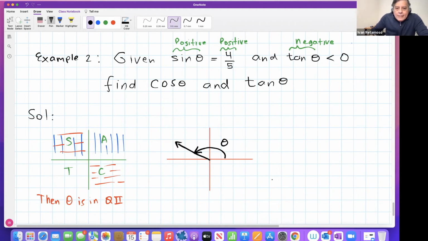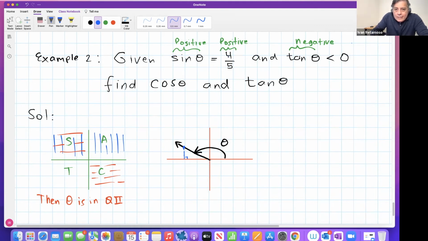Very good. Now, the next step is this. Theta is somewhere here. I'm going to take an arbitrary point on its terminal side and attach this right triangle.